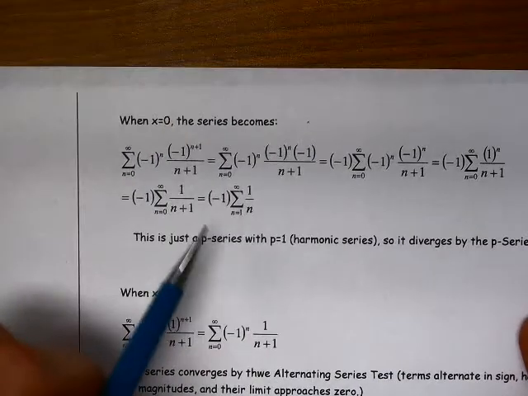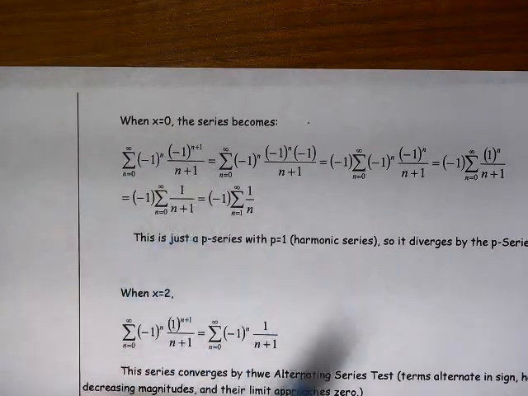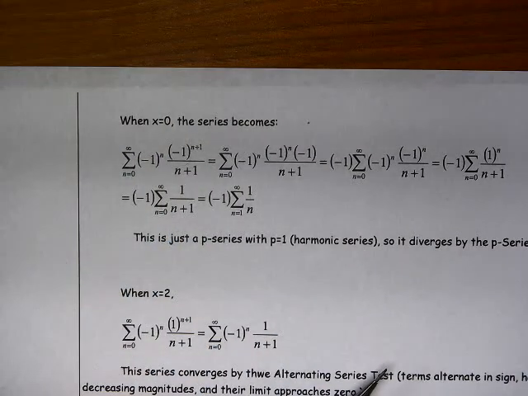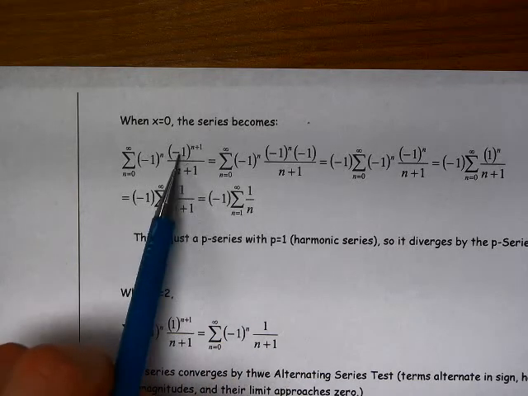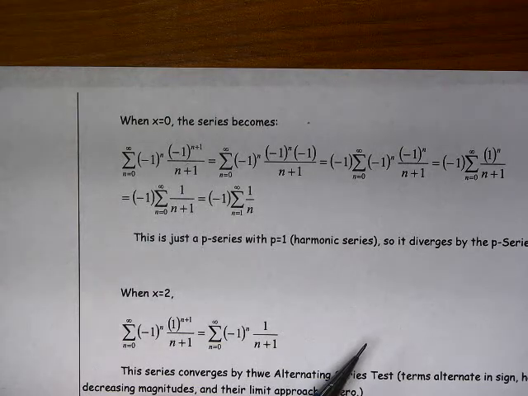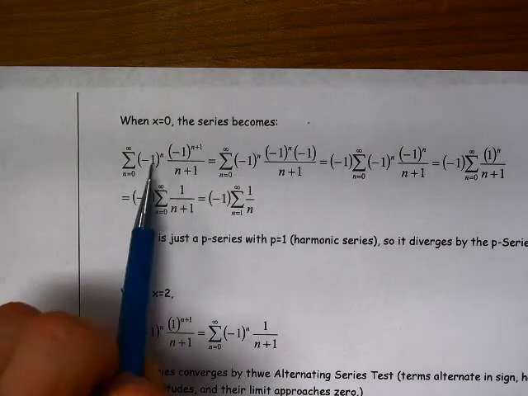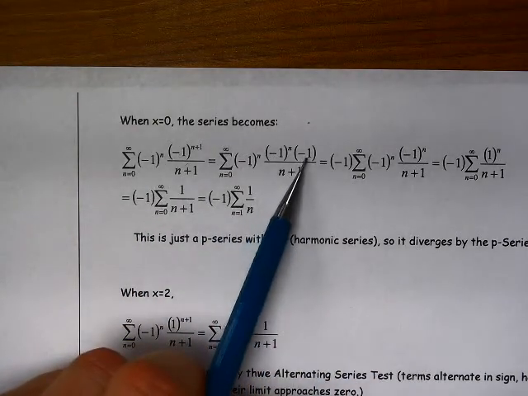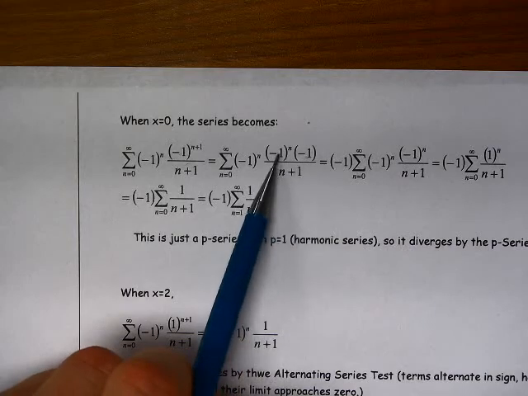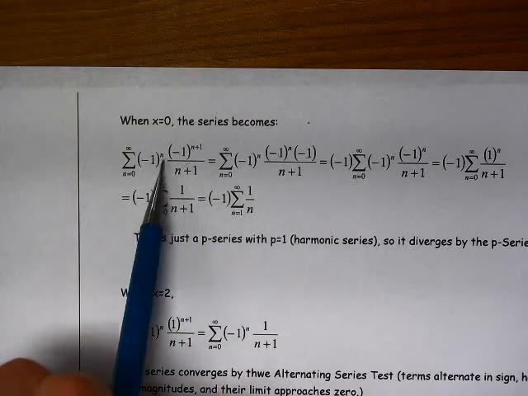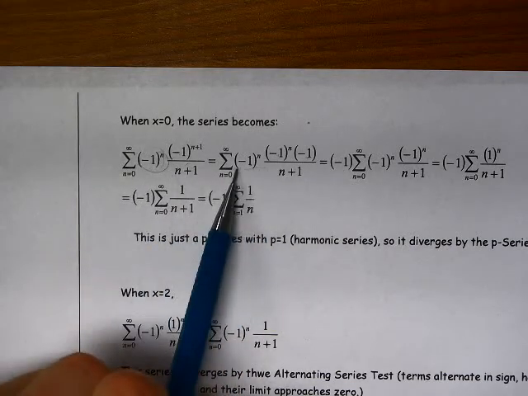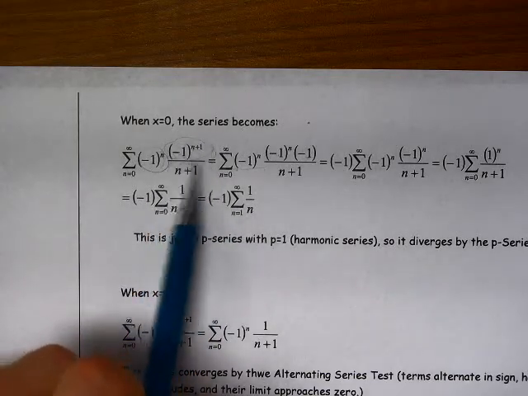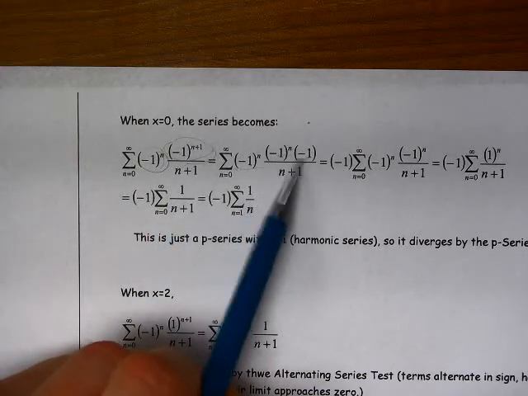So when x equals 0, we're going to get this series. I've factored out a negative 1 to the n, and I've broken this negative 1 to the n plus 1 up into negative 1 to the n times negative 1.